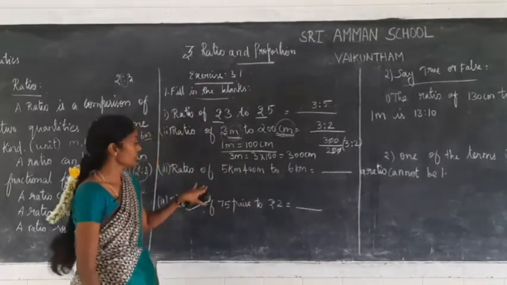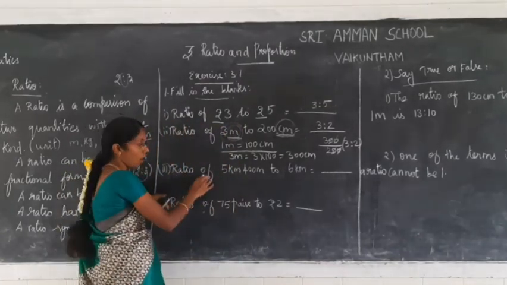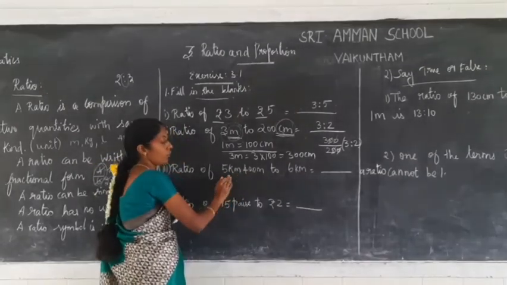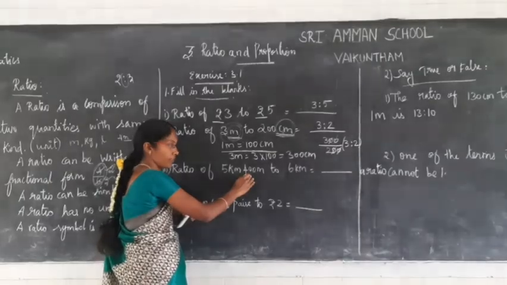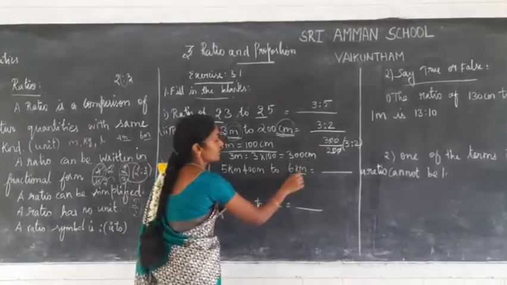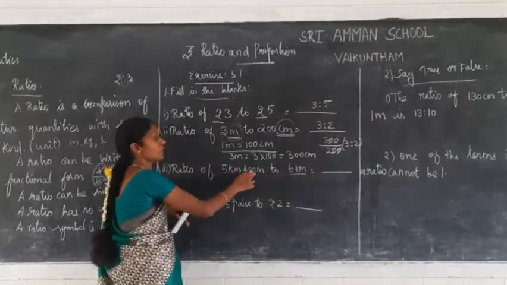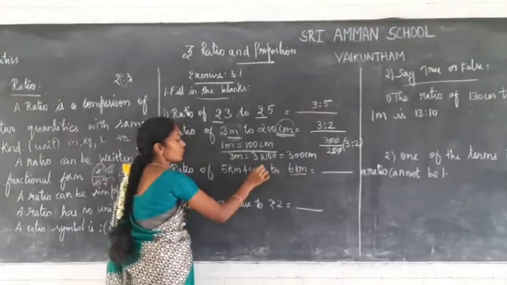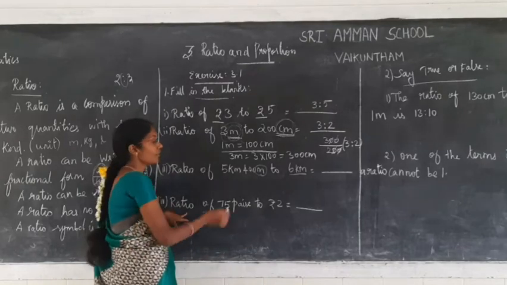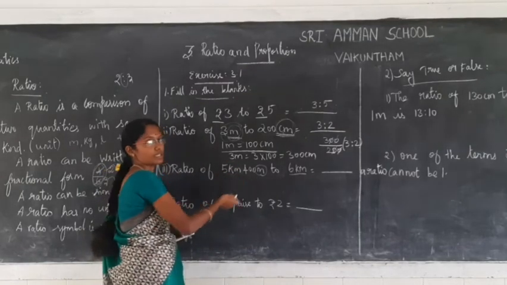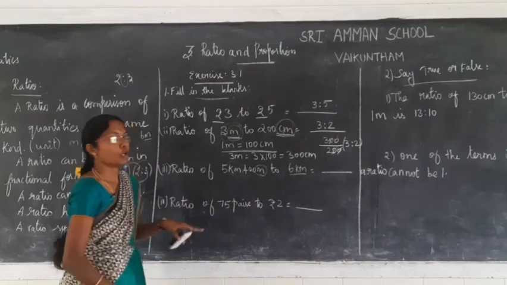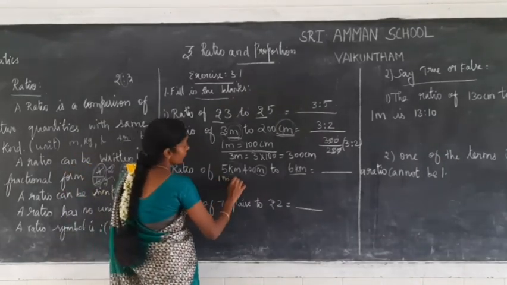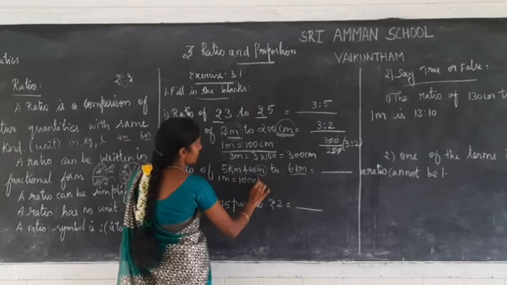Clear? So next question, ratio of 5 kilometer 400 meter to 6 kilometer. Here the lowest unit is meter. So we have to convert this kilometer into meter. 1 kilometer equal to 1000 meter.